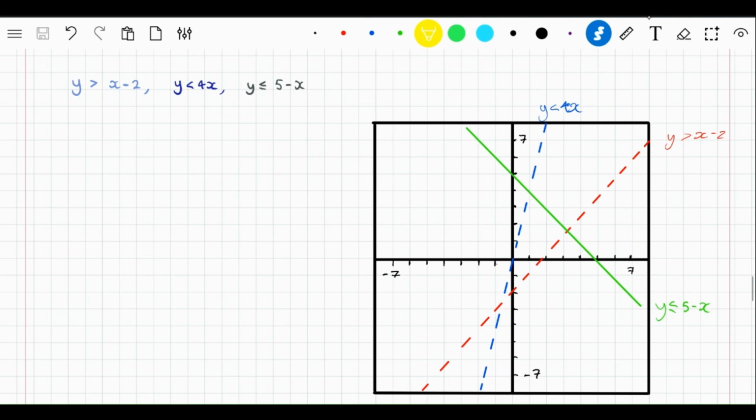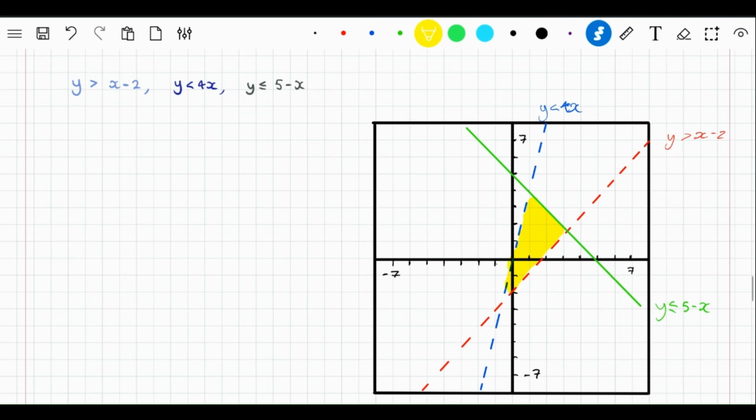Then one is y is less than 4x, so it's going to be below this line here. And then one is y is less than or equal to 5 minus x, so it's going to be below this line. So this region is actually going to be this shaded bit in the middle, because it satisfies all of the inequalities.